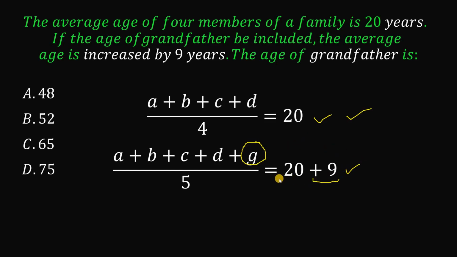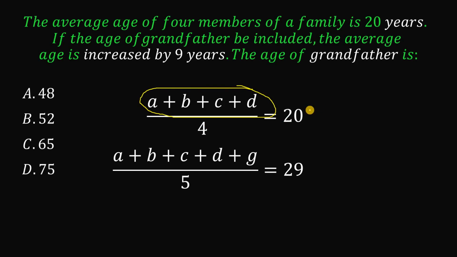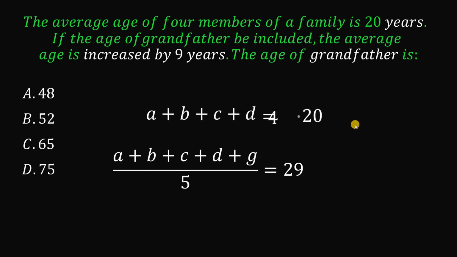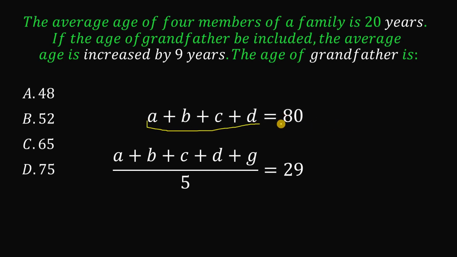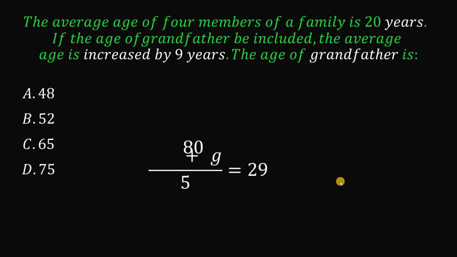Now here's the step. First, let's add 20 and 9, so we have here 29. And then let's get the value of a plus b plus c plus d. To do that, let's cross multiply, or multiply both sides by 4. And 4 times 20 is simply equal to 80. So the sum of a plus b plus c and d equals 80. Therefore, we can replace the sum of a to d with 80.